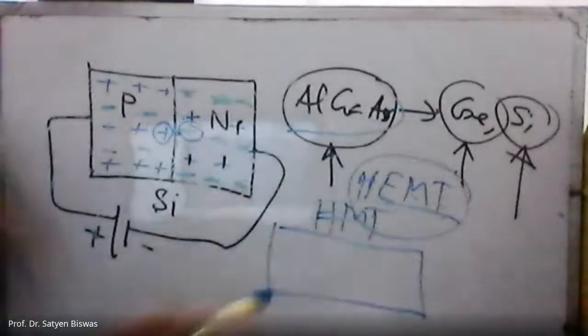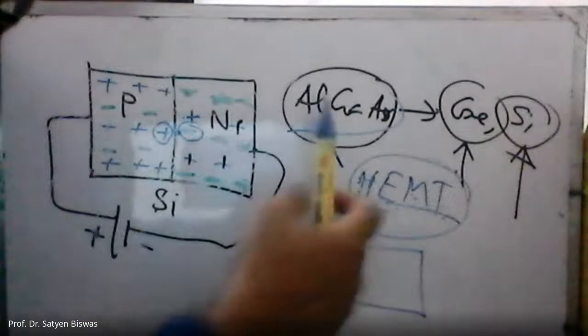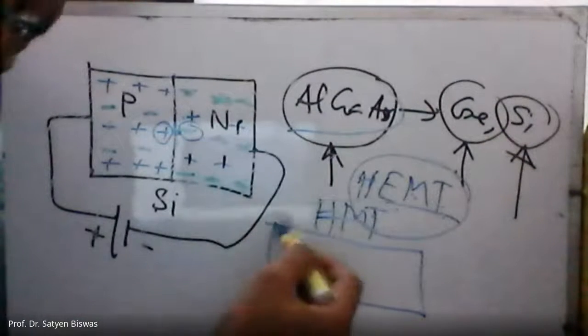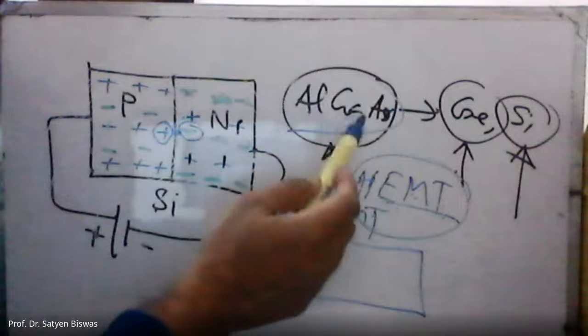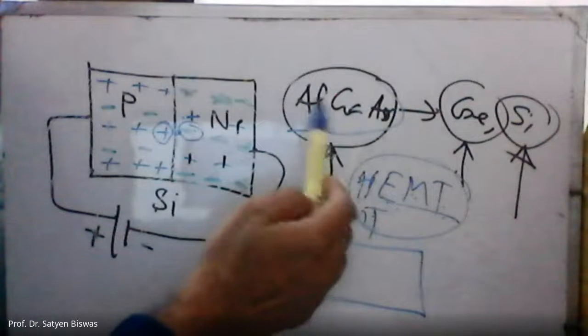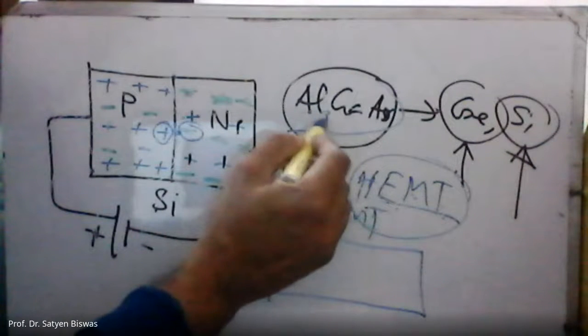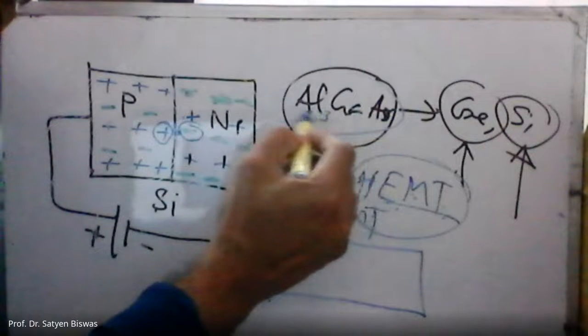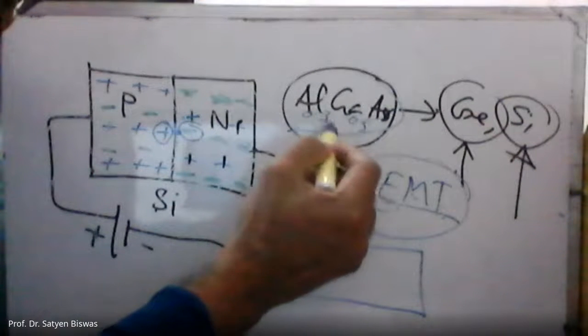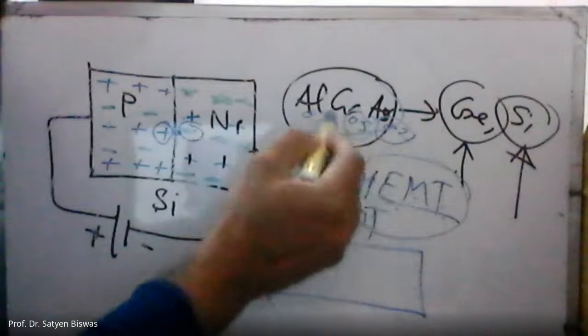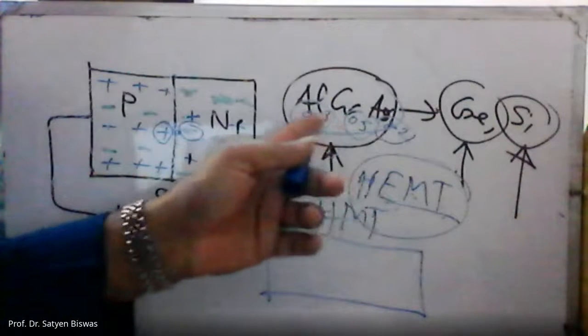When we make a compound material, let's say this is one piece, maintained in some ratio. You cannot use the same amount of aluminum and gallium, you have to maintain some ratio. Let's say this one 0.3, this one 0.5, and this one 0.2. Altogether it must be one, because 0.3, 0.5, and 0.2 make 1.